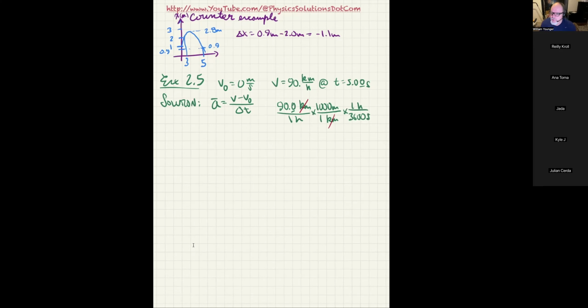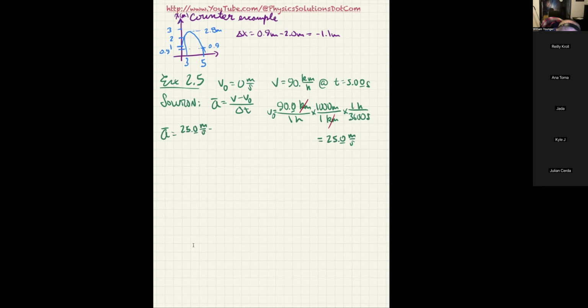So really, all you're doing in going from kilometers per hour to meters per second is dividing by 3.6. So I'm going to say this final velocity v is equal to, the math works out to be, 25.0 meters per second. That's what 90 kilometers per hour is. Okay. So now I can calculate the average acceleration. A bar is equal to 25.0 meters per second.